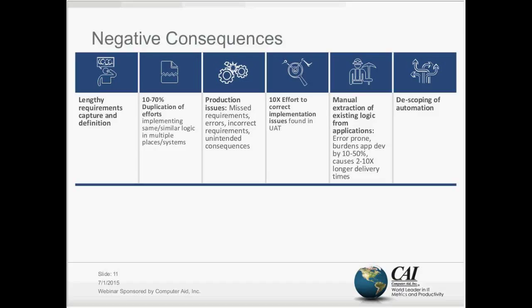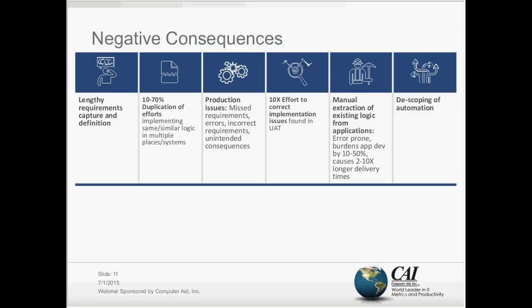And the cost of operational errors can be very extreme, ranging from very large fines for regulatory problems to very large operational issues where systems close down or incorrect filings are created or incorrect customer interactions occur. And then very large amounts of effort to correct implementation issues found in UAT, because when errors are found in UAT, the cost of repairing that is 10 times the cost of actually producing the correct requirement in the first place.